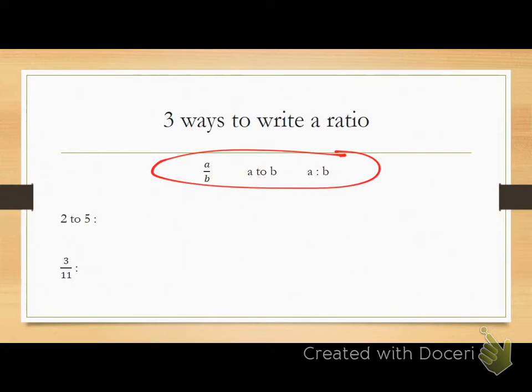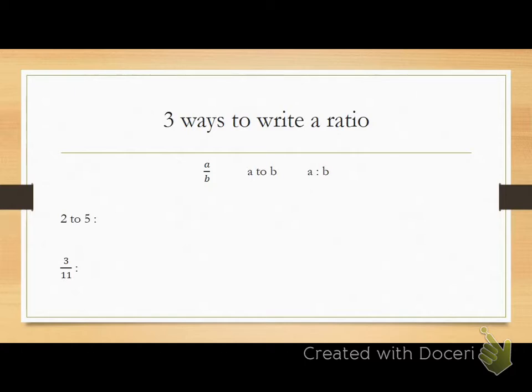So when I talk about writing a ratio in three ways, those are the three formats. Now, in the first section of your homework, you're going to have ratios written in all three of these different formats, and it's going to say, write it in simplest form, and then in two other ways.